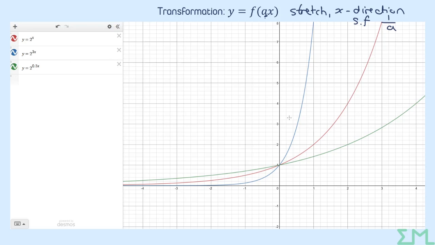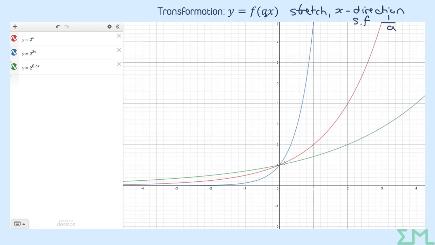Okay, so again, red, y equals 2 to the x. And then we have multiplied by 3 inside the function for the blue. Now, because of the shape of this graph, if we were sketching y equals 2 to the 3x on its own, the shape wouldn't look all that different really from if we were just sketching y equals 2 to the x. It's obviously brought in closer to the y-axis because all the x coordinates have been divided by 3.